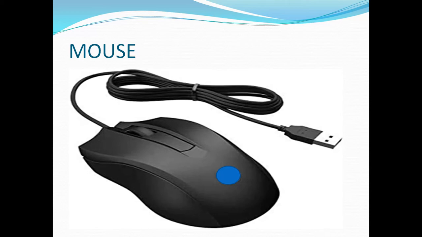This motion is typically translated into the motion of the pointer on the display. It allows smooth control of the graphical user interface of a computer. So mouse is a very important device. It is also an input device. Mind it, monitor is an output device. Keyboard is an input device.